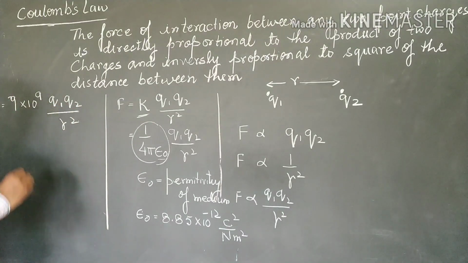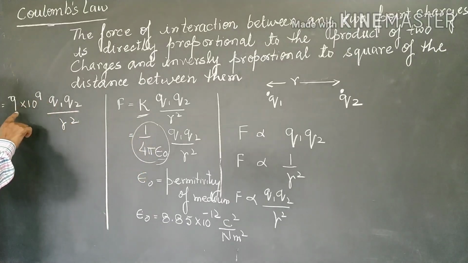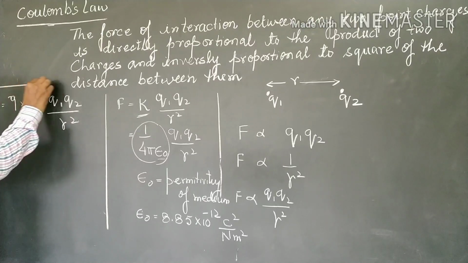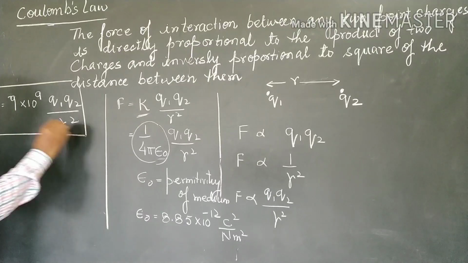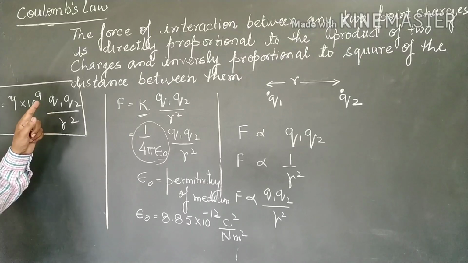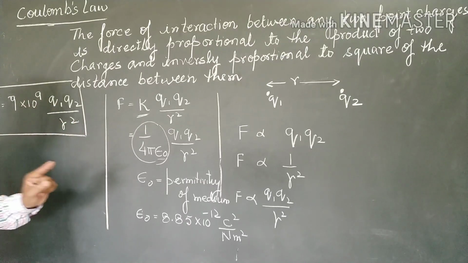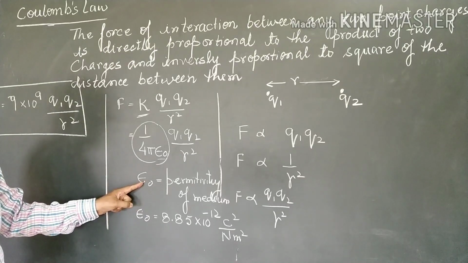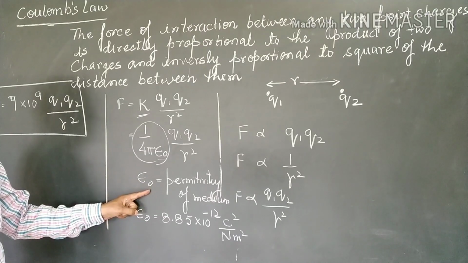So this is the value of complete K, 9 into 10 to the power 9. This is the final expression for the force between the two charges if they are kept in free space. Now, if the two charges are kept in any medium, then we will use epsilon m, the permittivity of the medium.